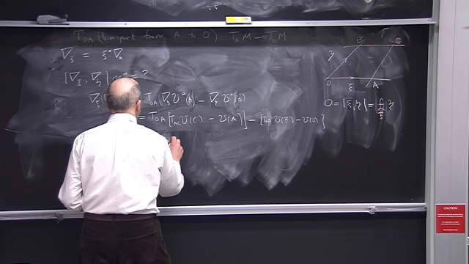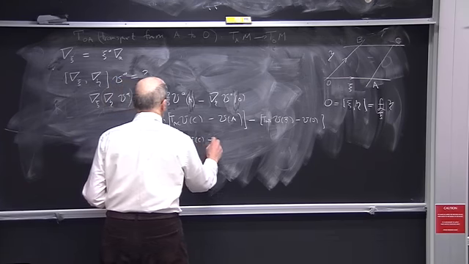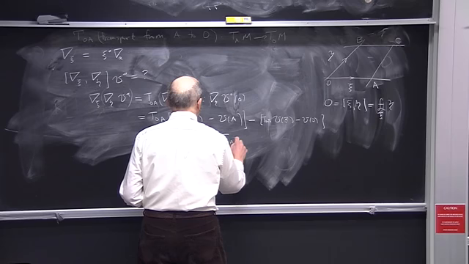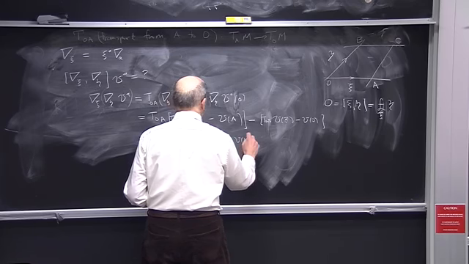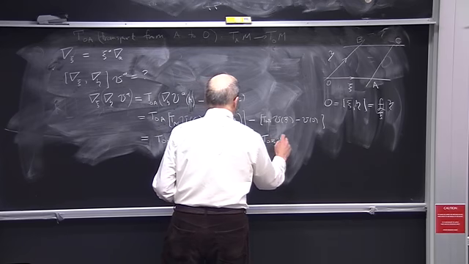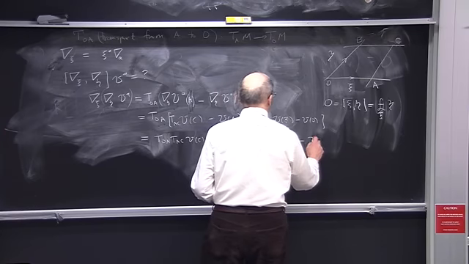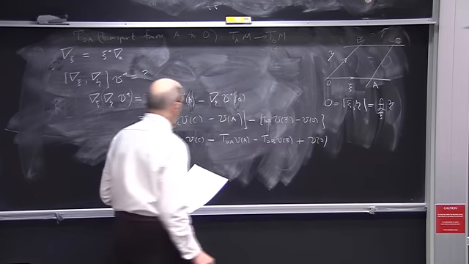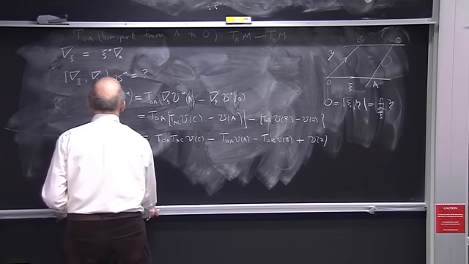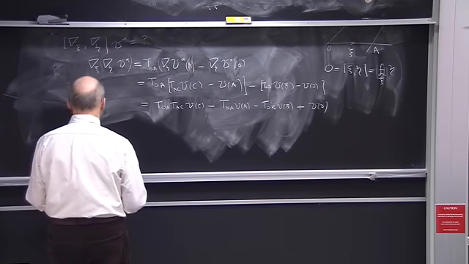So it's TOA TAC of V evaluated at C, minus TOA of V evaluated at A, minus TOB of V at B, plus V of O. Okay? So that's the first thing. Now all we have to do is anti-symmetrize this.